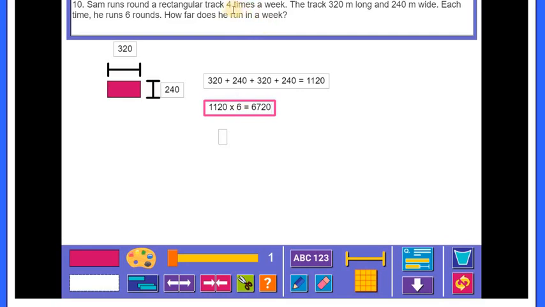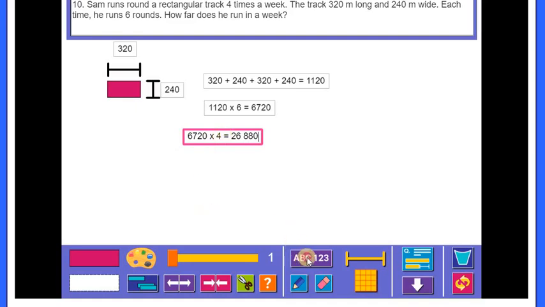In a week, he runs 4 times. So 6,720 is for one day, and 4 times in a week means you have to multiply by 4. You can make a long multiplication, and the answer is 26,880 meters.